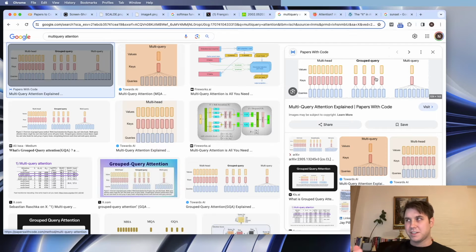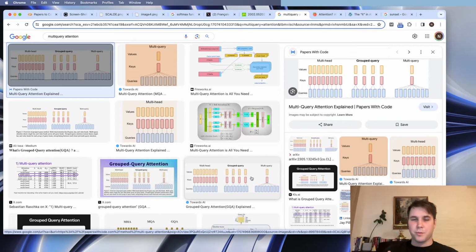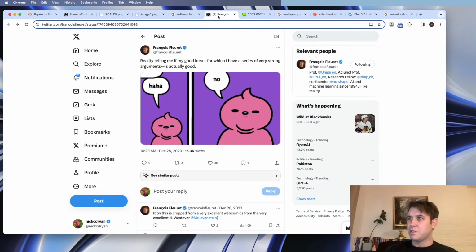So this is an example of something where you have very good reasons for why it wouldn't work, and it does. Or maybe you talk to someone else and they have very good reasons for why it would work, but again, empirical verification is what we care about. I think this is nicely summarized in a tweet I saw recently from Francois Fleuret: reality telling me if my good idea, for which I have a series of very strong arguments, is actually good.